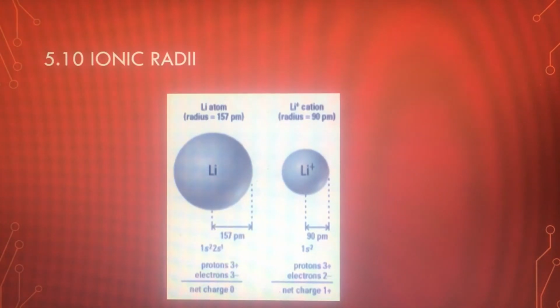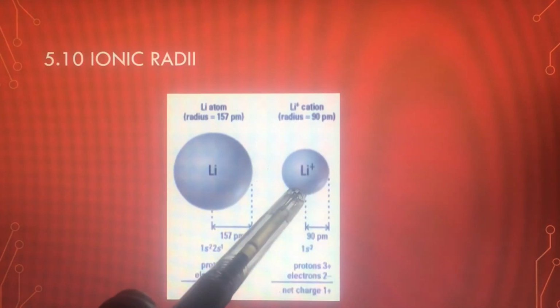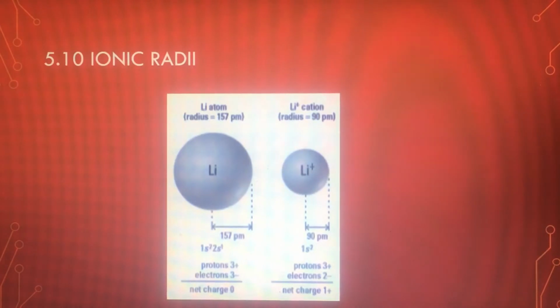By removing an electron, the 2 remaining electrons will be attracted strongly to the nucleus, which has a positive 3 charge. Therefore, these 2 electrons will be attracted strongly and go nearer in position with respect to the nucleus.